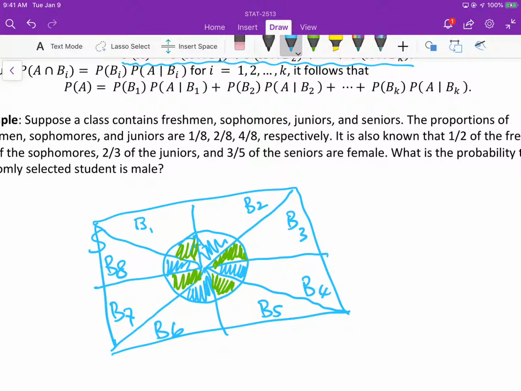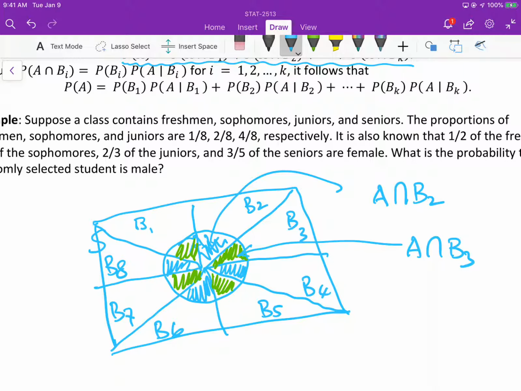For each small slice, for example this one, this slice belongs to A and also belongs to B2, so this is essentially A intersect B2. Similarly, this one belongs to A and also belongs to B3, so this is A intersect B3.